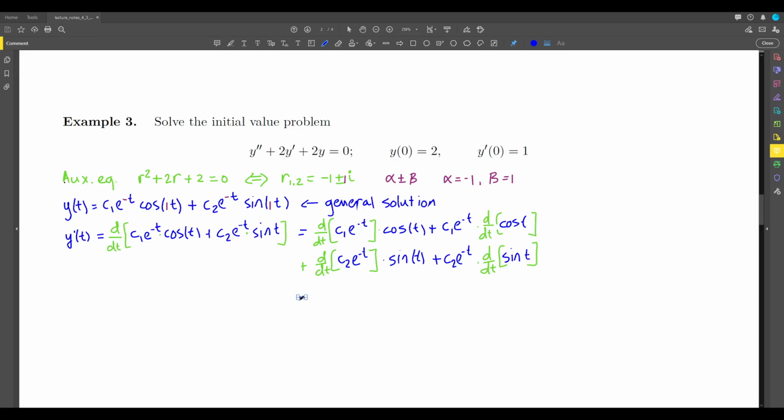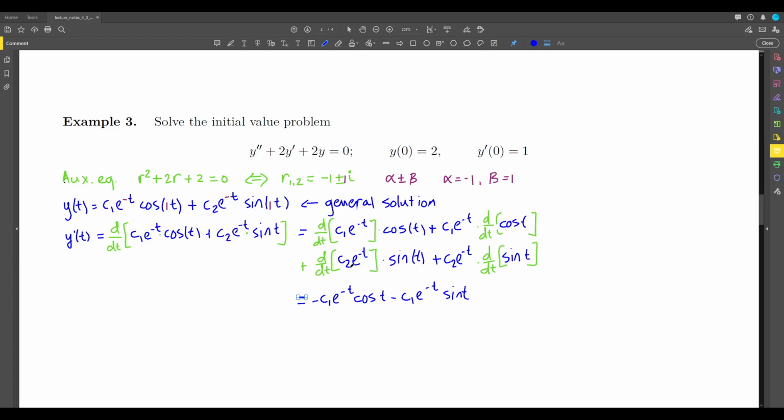Okay, so derivative of c1 times e to the power negative t, that's going to give us negative c1 e to the power negative t times cosine of t. Then derivative of cosine is negative sine, so we get a negative c1 e to the power negative t sine of t. So that's the first line.